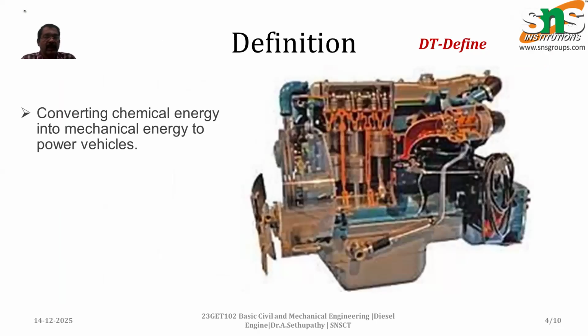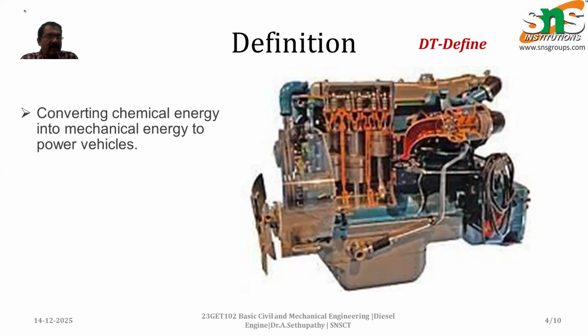This is a cut section of the diesel engine. You can clearly see the piston positions, valves, camshaft, and exhaust port. Everything is clearly shown in the cut section of this engine.